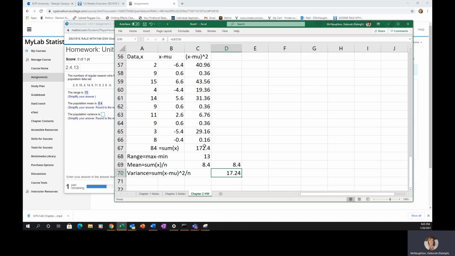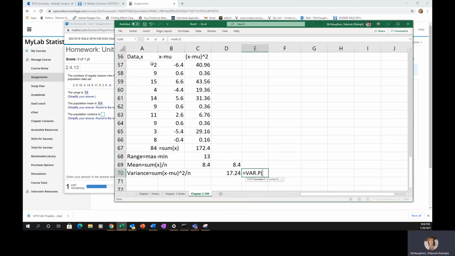Okay, the other way that I can get that is I can go equals variance. Okay, so notice here when I do var.p is population, var.s is sample. So they're telling me population variance. So population variance is var.p. So I want that one. So I'm just going to hit the tab so it grabs it.